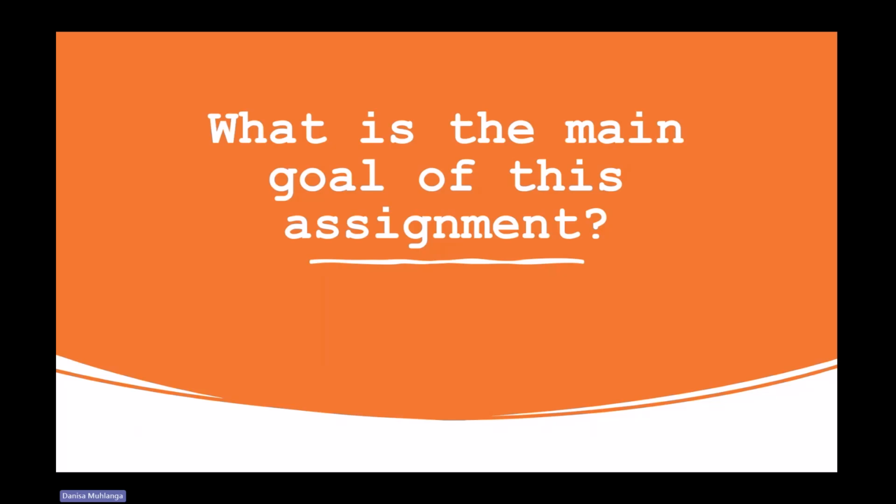So the main goal is for you to demonstrate your understanding of what you learned, right? Of these 2 key development theories by explaining them as well as their historical context. Okay? So this requires you to critically engage with the course material, which is your study guide, right? Because it covers those 2 theories.